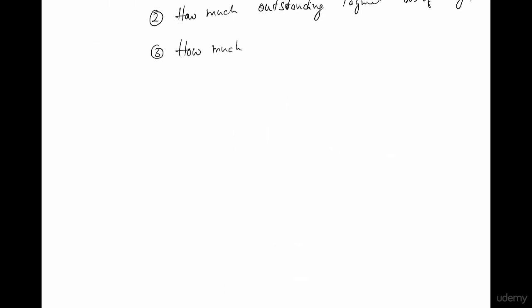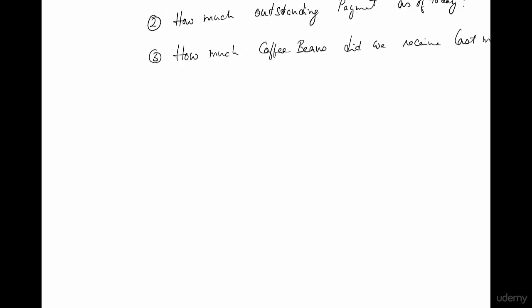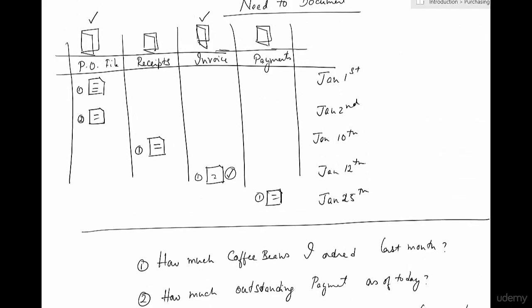How much coffee beans did we receive last month, say? Easy, right? Go to receipts, find out all the receipts that have been filed, look at all the coffee bean items, quantities and prices, sum them up, and we have the answer.